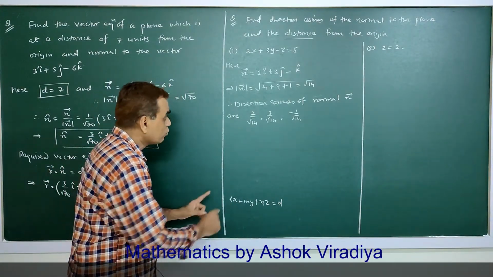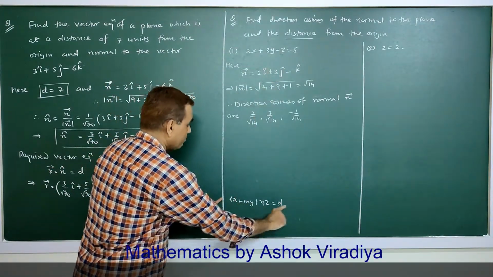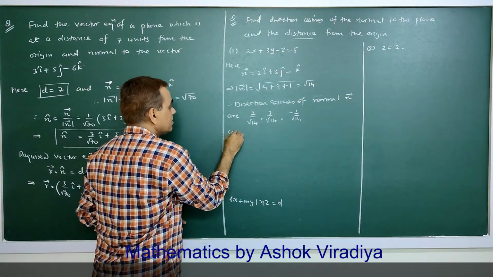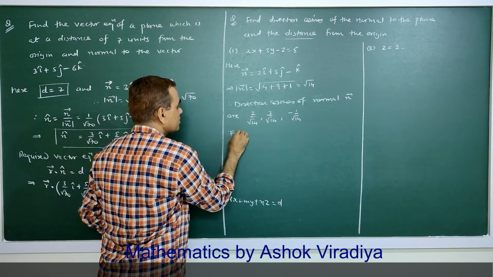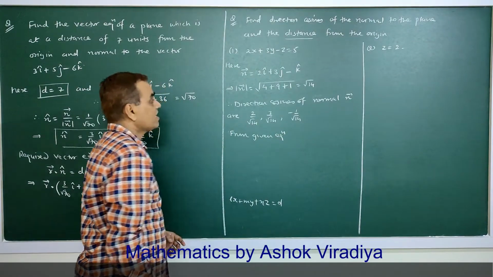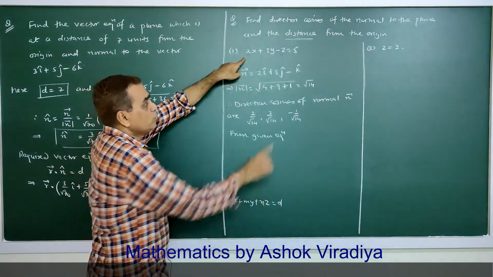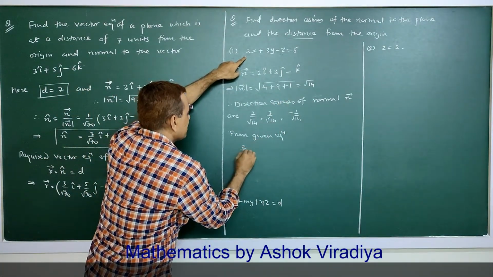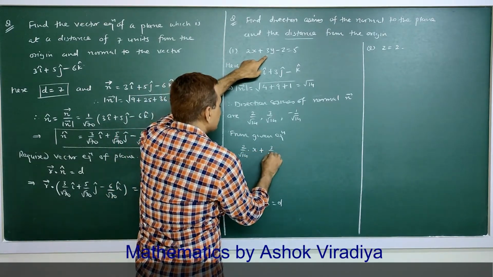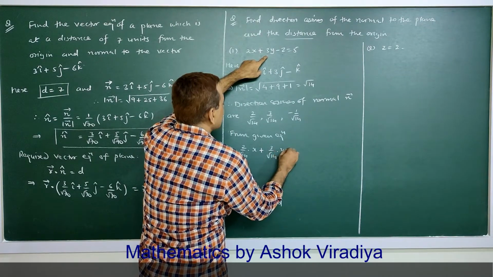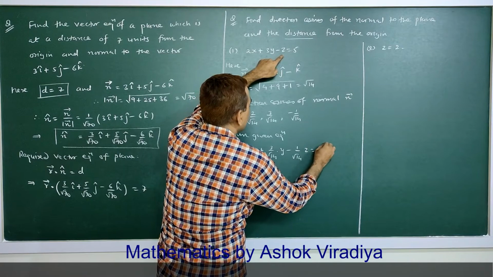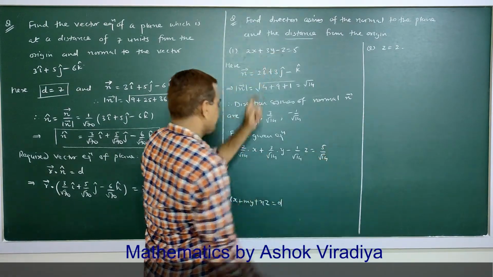So to convert this equation into this form, we divide the given equation by root 14. So 2 by root 14 times x plus 3 by root 14 times y minus 1 by root 14 times z equals 5 by root 14.